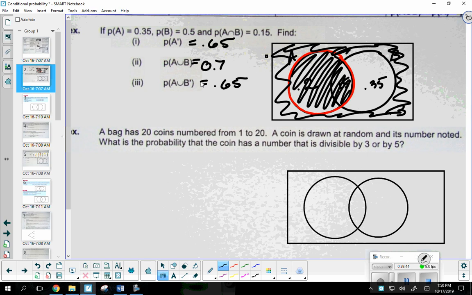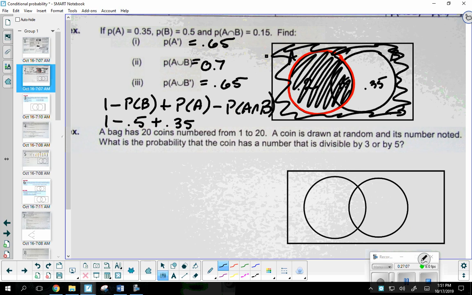So let's see here. You take off the probability of B, so that's 1 minus 0.5 plus the probability of A, 0.35, minus the intersection, the intersection being 0.15. It's 0.55. That gives you 0.7. So it's close.